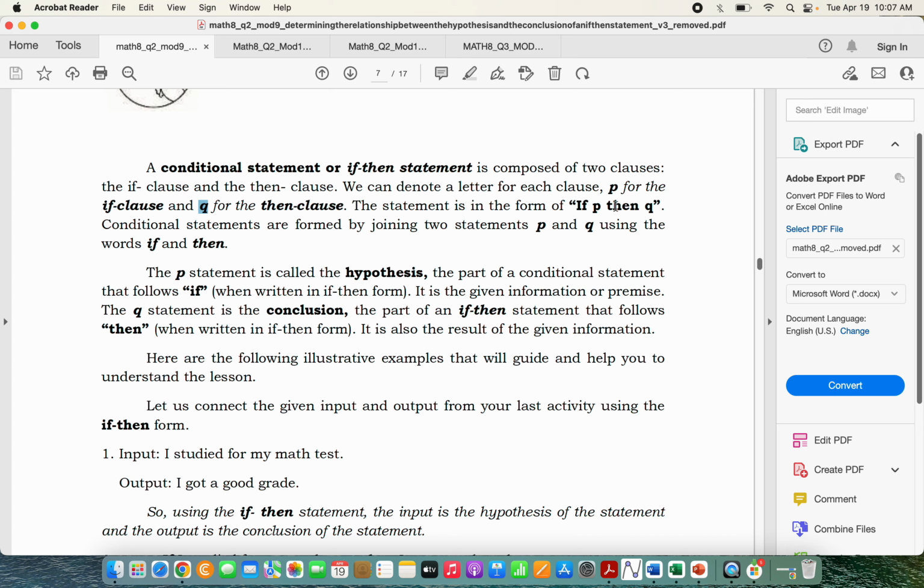Again, if we're going to use symbols for the if-then statement, we usually use P for the if clause and then Q for the then clause. Okay? And the statement is in the form if P then Q. So, pino-form natin yung dalawang statements na yon in the form if P then Q.